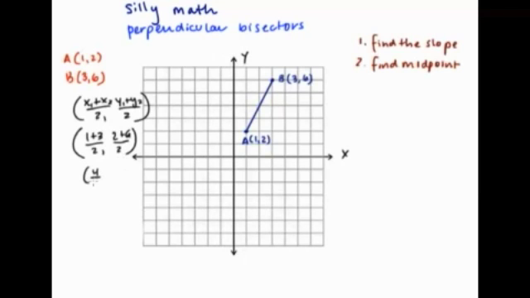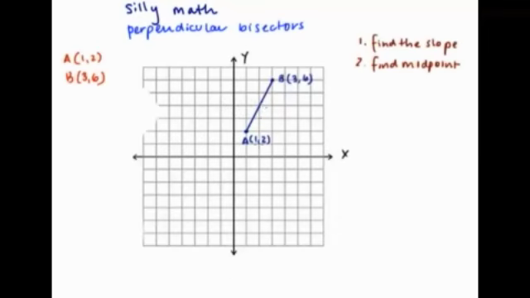What do you get? 4 over 2, comma, 8 over 2, which simplifies to 2, comma 4. So 2, comma 4 is our midpoint. This is the midpoint of AB, and we know that it has a slope of -1/2.